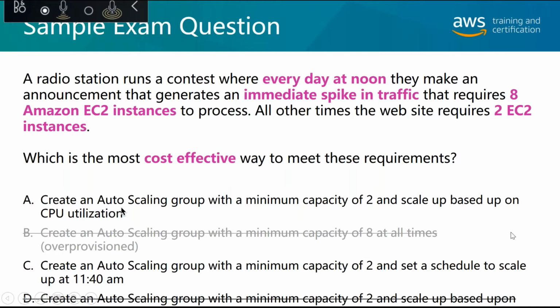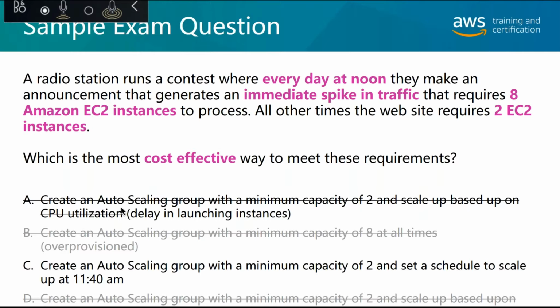Then another option says create an Auto Scaling group with a minimum of 2 and scale up based on that. I think we can do better than that. Then I have create an Auto Scaling group with a minimum capacity of 2 and scale up based upon CPU utilization. That might take a while.